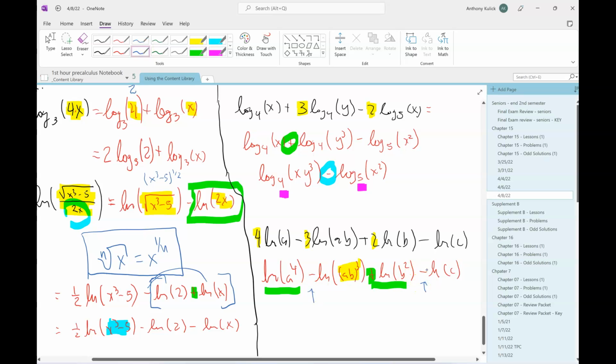Those guys are both negative. They were the denominator of some quotient problem. They're not part of a product property. They're part of a quotient property. Do we see that now? So we have this.